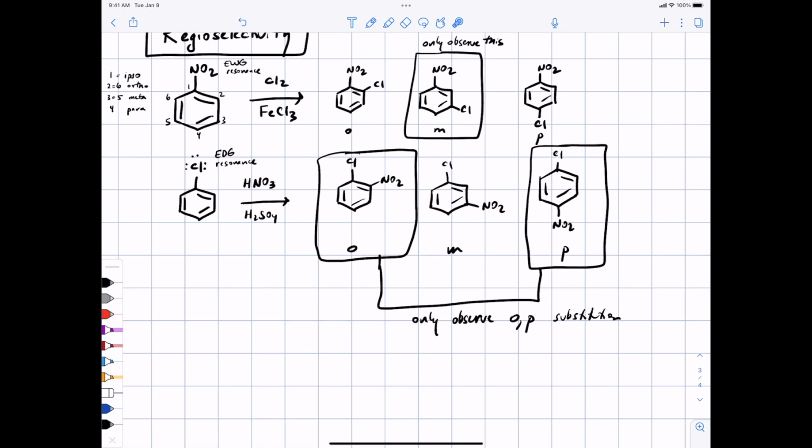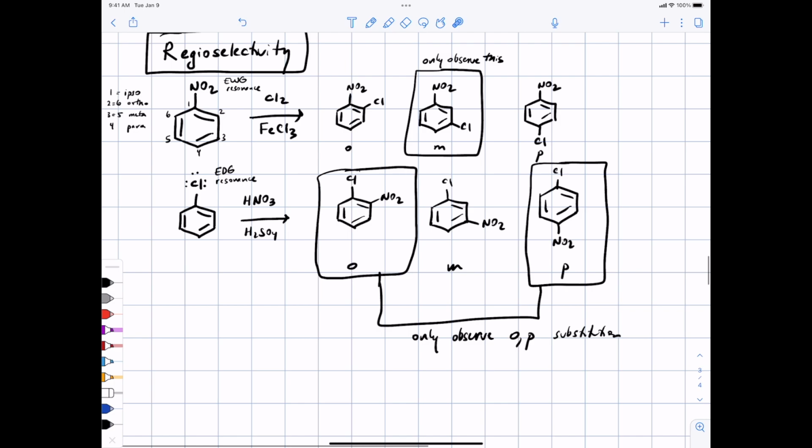To do this, we're going to think about the carbocationic intermediate that precedes each of these options. We're going to start with the nitrobenzene adding the chloro and see whether we can discern differences in the stabilities of the potential carbocationic intermediates.